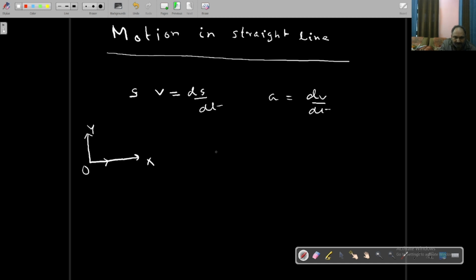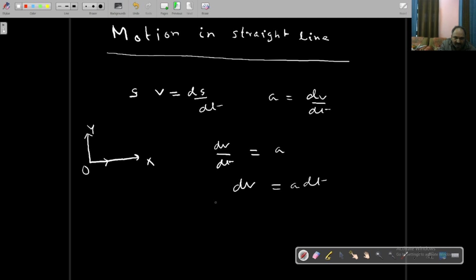So for the equation of straight line motion, we can write dv by dt is equal to a, so dv is equal to a dt, and this is true only when acceleration is constant.